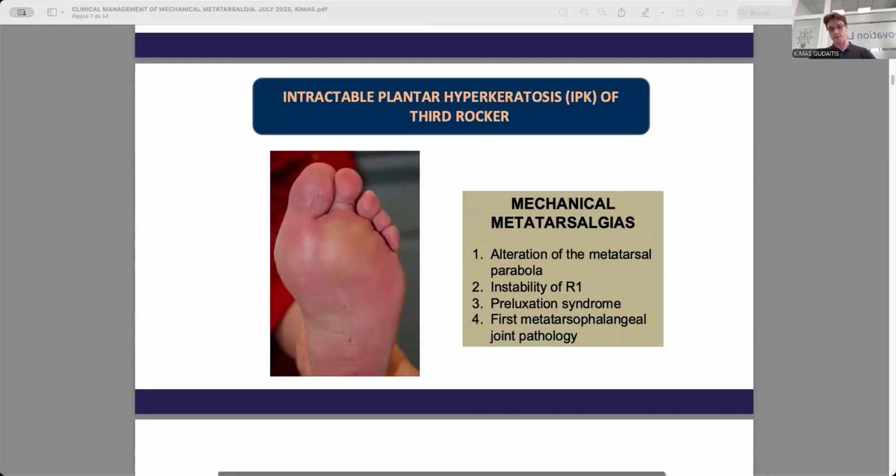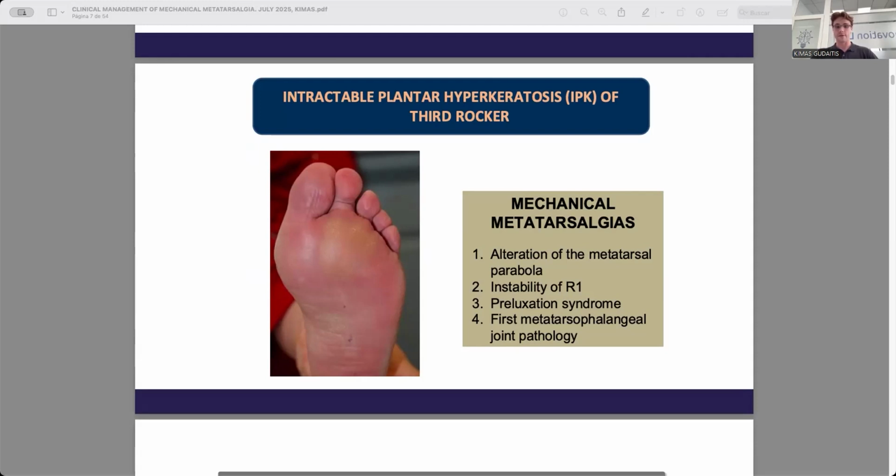As you can see in this image, the third rocker hyperkeratosis is more diffuse and wide than the second rocker. It usually affects several metatarsals, and the lesion appears under the metatarsal head, but extends to the front area, this part here. This is the main difference compared to the second rocker lesions.